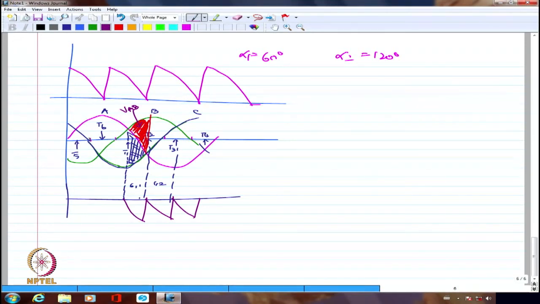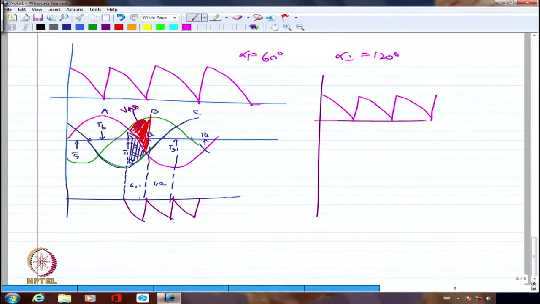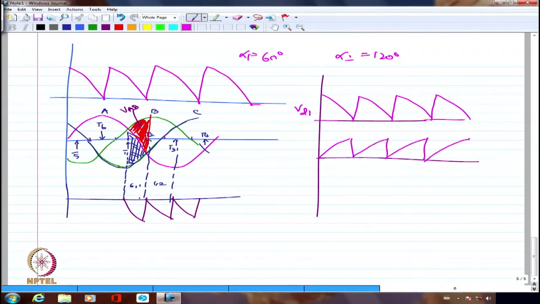So, I will have one of the voltages like this, the other voltage, so I can draw the two voltages. If one of the voltages is like this, right, this is VD1, the other voltage will be somewhat like this. If I try to draw the same thing, I am going to have something like this. This is minus VD2. Or plus VD2, whatever. Okay.